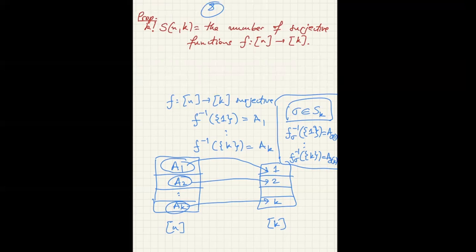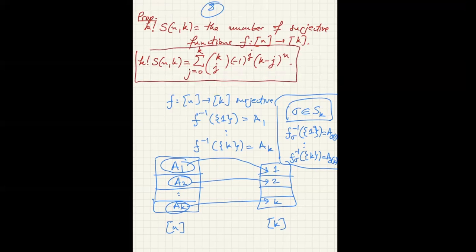If we apply that formula, we get that K factorial times S(N,K) equals a summation from j equals 0 to K of K choose j, times minus 1 to the power j, times K minus j to the power N. So you can call it an explicit formula for S(N,K), although it may not be entirely satisfactory because it's an alternating sum, so it may be tricky to figure out how quickly this function grows from this formula, but it's a very useful formula nevertheless.